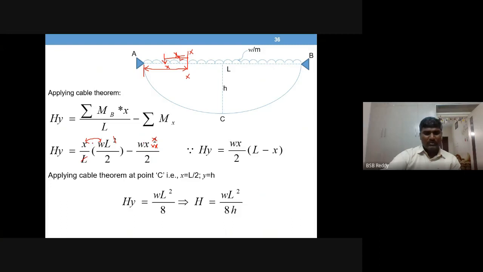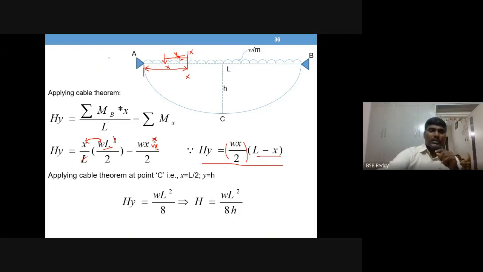So Wx by 2, Wx by 2, both in both the terms it is there. So what is remaining? L and x. So L minus x. Okay, so this is from the cable theorem.